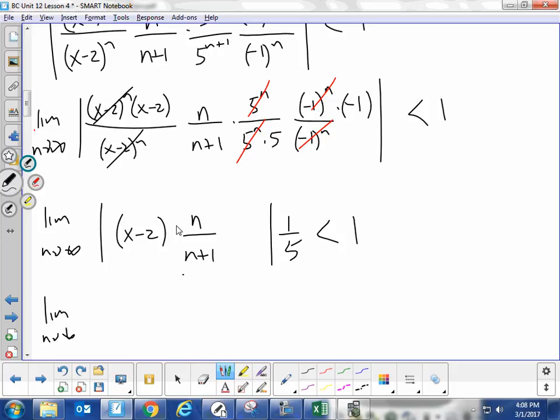Now, as n approaches infinity, this is going to approach 1. So that means that for my series to converge, the absolute value of x minus 2 times 1/5 has to be less than 1, or x minus 2 has to be less than 5.